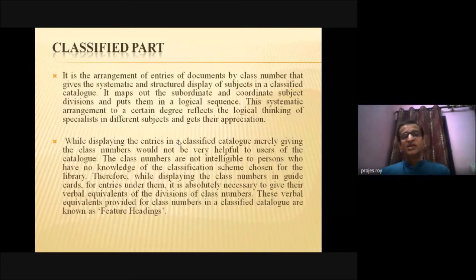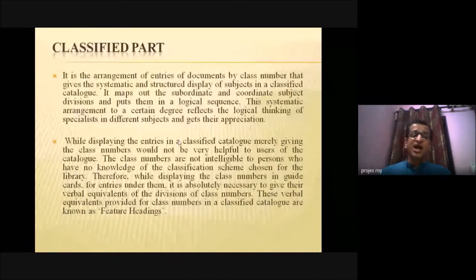While displaying the entries in a classified catalog, merely giving the class number would not be very helpful to the user. The class numbers are not intelligible to persons who have no knowledge of the classification scheme chosen for the library. Therefore, while displaying the class number in a guide card or entries, it is absolutely necessary to give the verbal equivalent of the divisions of the class number. So they require an artificial natural language, then an artificial number.